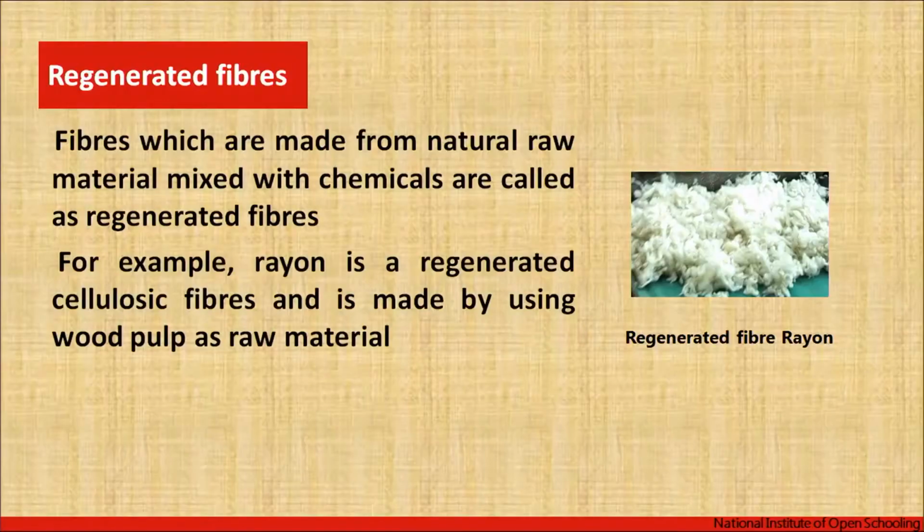The word regenerated means that we have a certain cellulosic or natural part, and a chemical is added to it. We mix both things together, then through a spinning process, through spinnerets, we make yarns out of it. So regenerated fibers are a combination of a natural component and a chemical component.